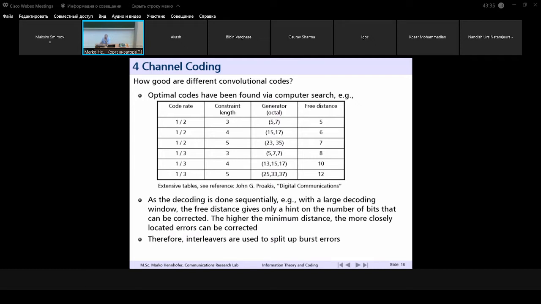And looking at the table, he noticed that we could actually reach this free distance also with a rate 1/2 code. For example, if we increase the memory just by 1, so for a small increase in complexity, we would get the same performance or an even better performance with just a rate 1/2 code.